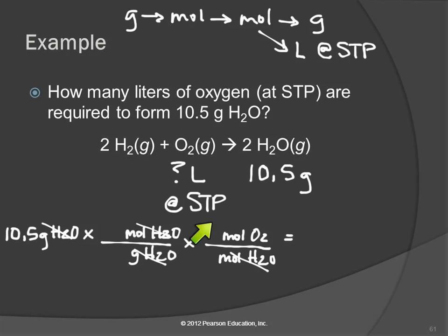So this guy's our mole ratio, right? We get the numbers in front of moles of oxygen and moles of water from our equation. 1 mole of oxygen for every 2 moles of water. And then this is the molar mass of water, which would be 2 times the mass of hydrogen plus the mass of oxygen.